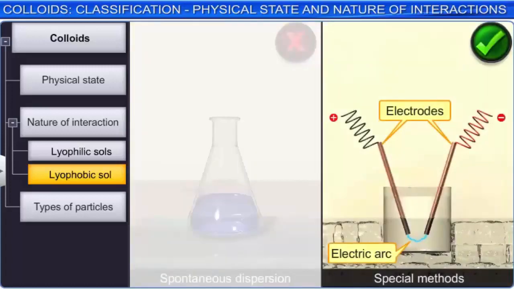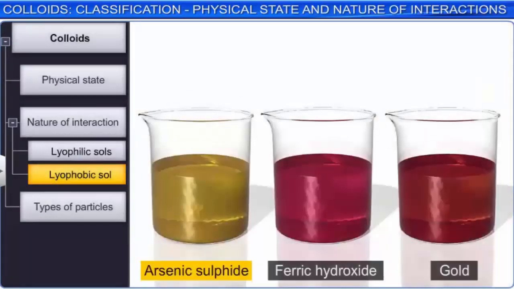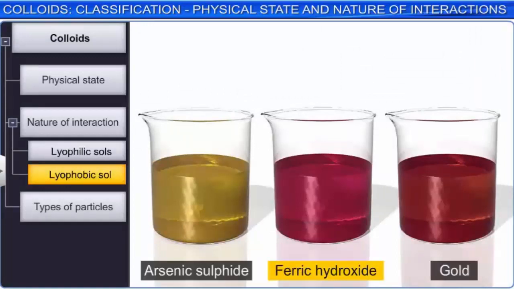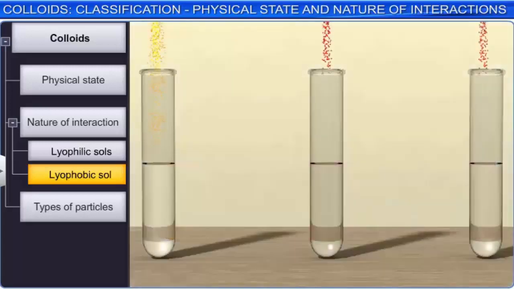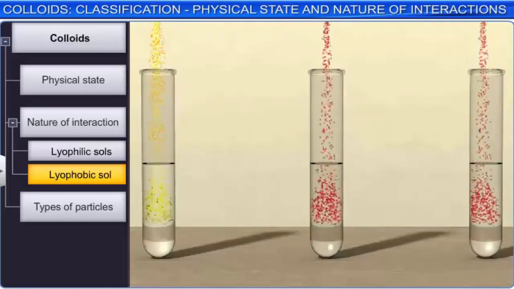Arsenic sulfide, ferric hydroxide, gold, and other metals form lyophobic colloids. These metals are sparingly soluble, and thus their molecules do not pass readily into the colloidal state.